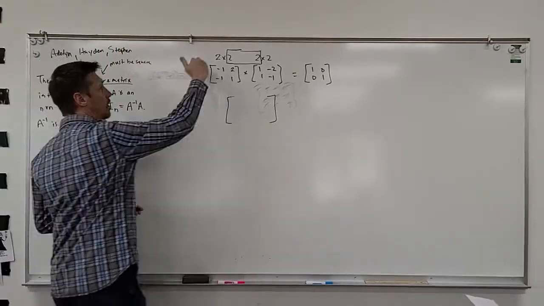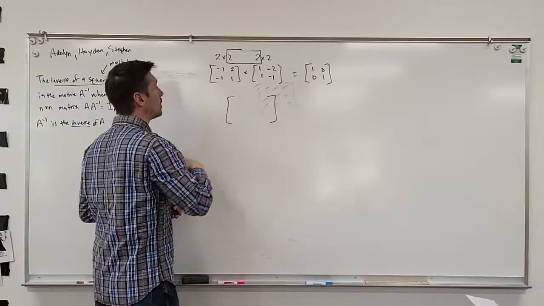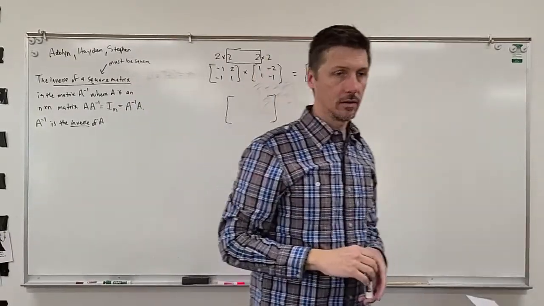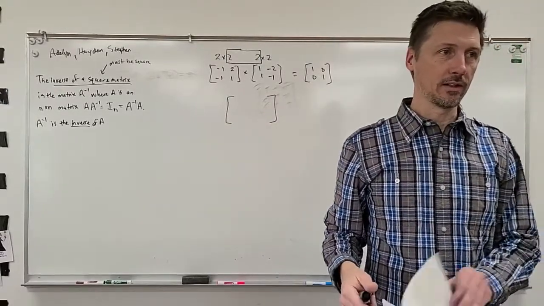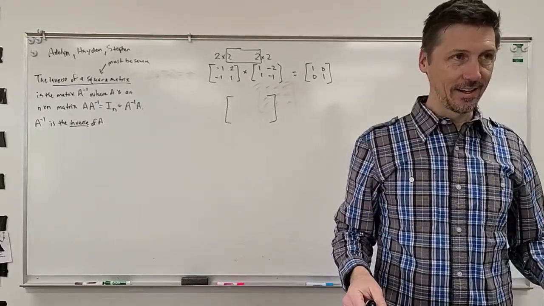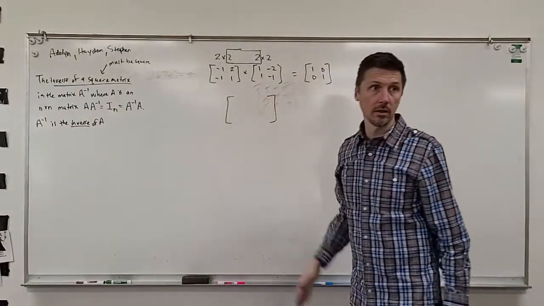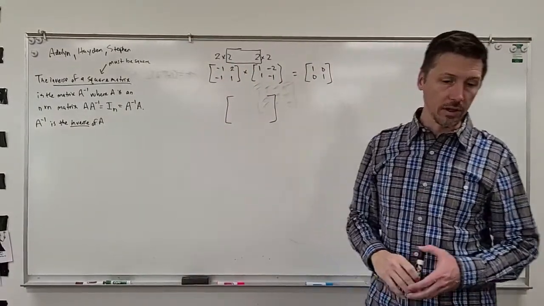We take this row and multiply by that column. Is that right? Mr. Walker, what did you say? Is it the row times the column, or is it the column times the row for that first term? Do you guys remember?